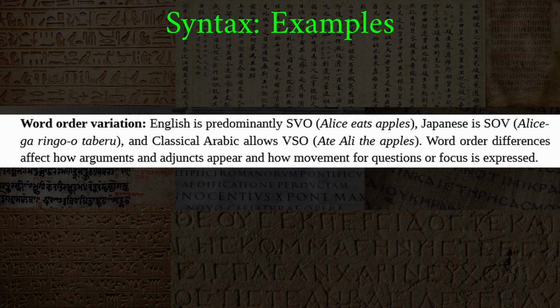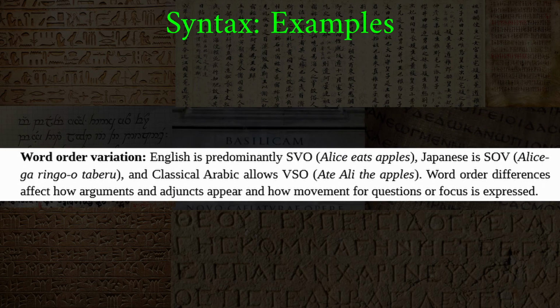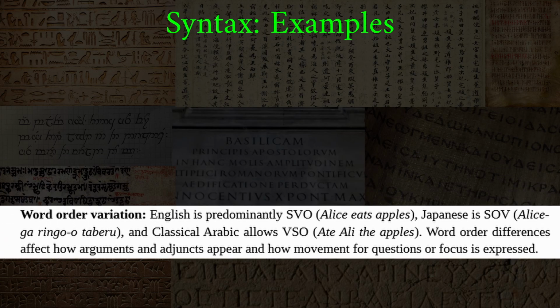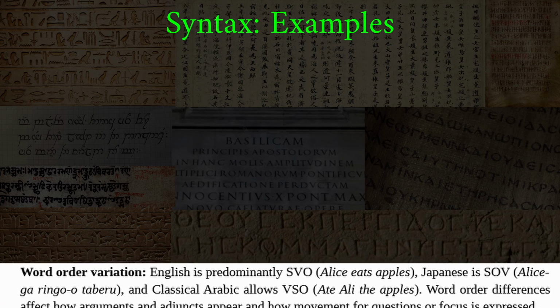Since I can't speak Arabic yet, I will do an English equivalent: Ate Ali the apples. Word order differences affect how arguments and adjuncts appear and how movement for questions or focus is expressed.